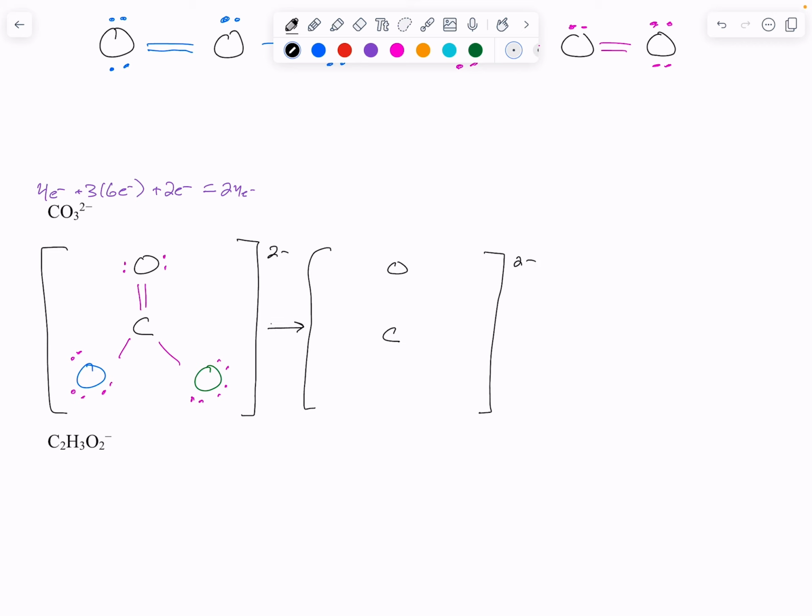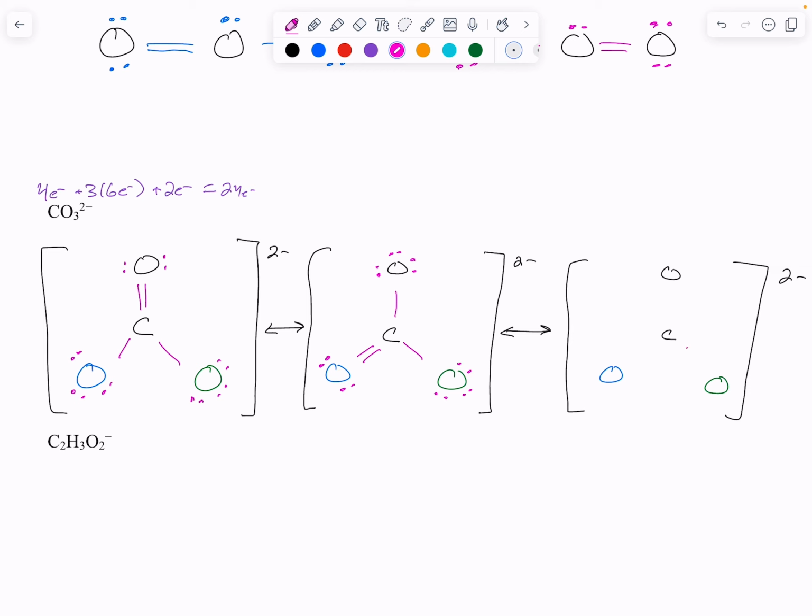Right, so if I draw them all out, the double bond could be the blue, or the double bond could be at the green oxygen.